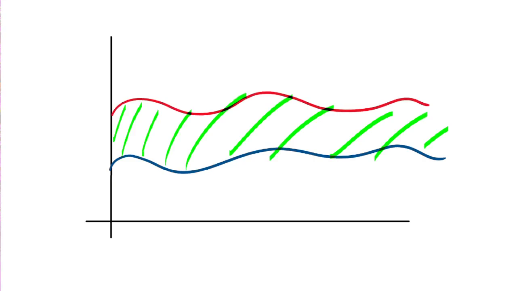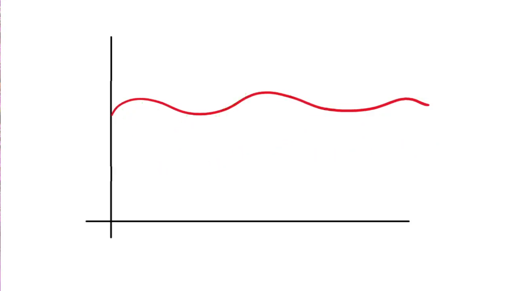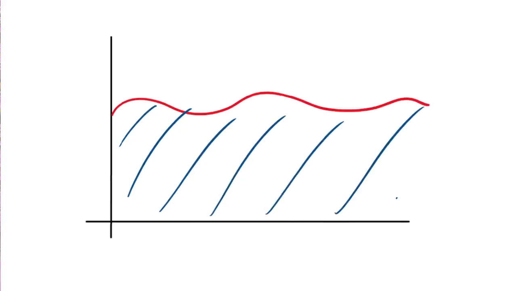Now, first of all, let's get rid of the other function, and let's say that we just wanted to find the area under the curve. Now, we know that we would just find this area here. But note that what we're actually doing is finding the area between the function, which we can suppose is f, and this one here, which is the x-axis, which is actually our y equals 0 line.